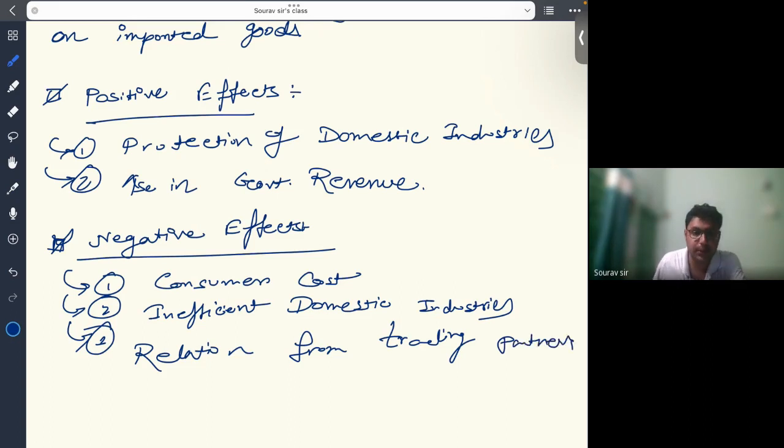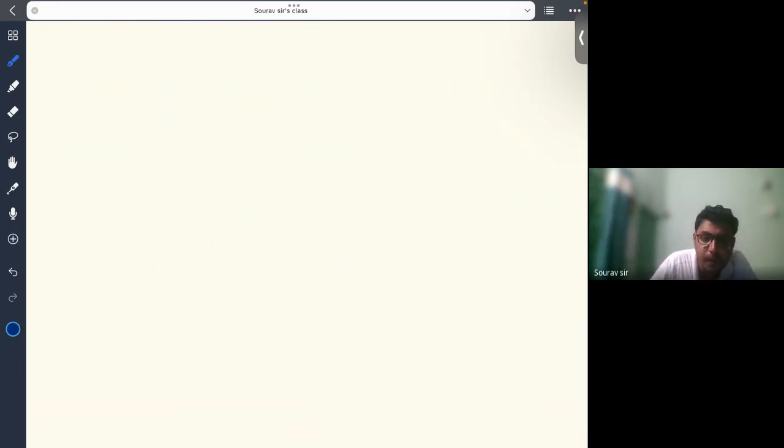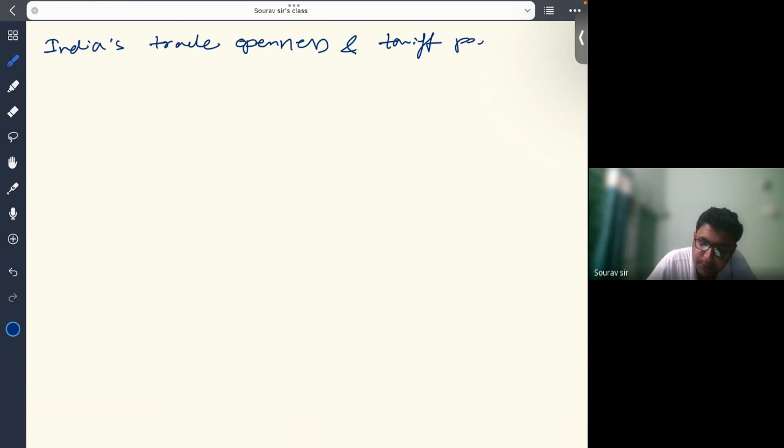Now the second part of the question was evaluation: we have to evaluate India's trade openness and tariff policy since the 1991 reforms.